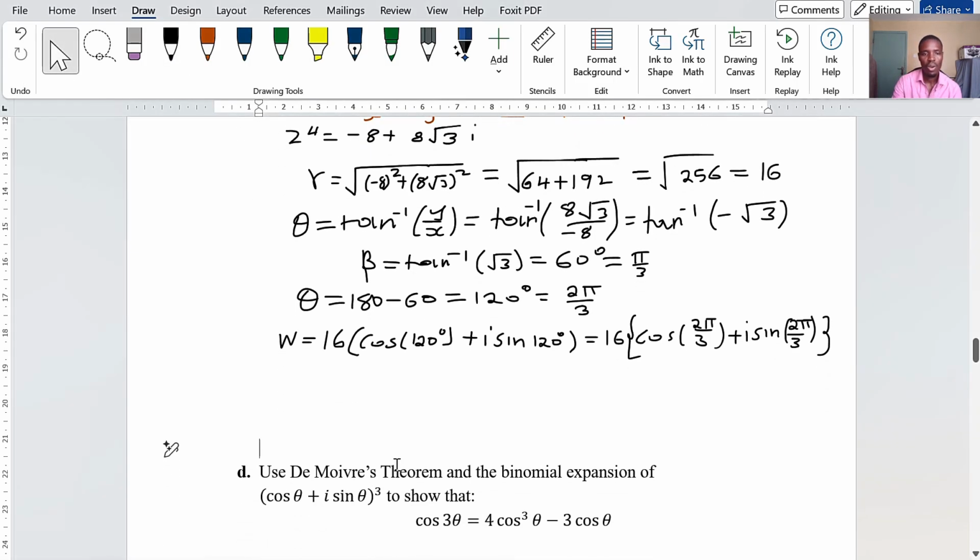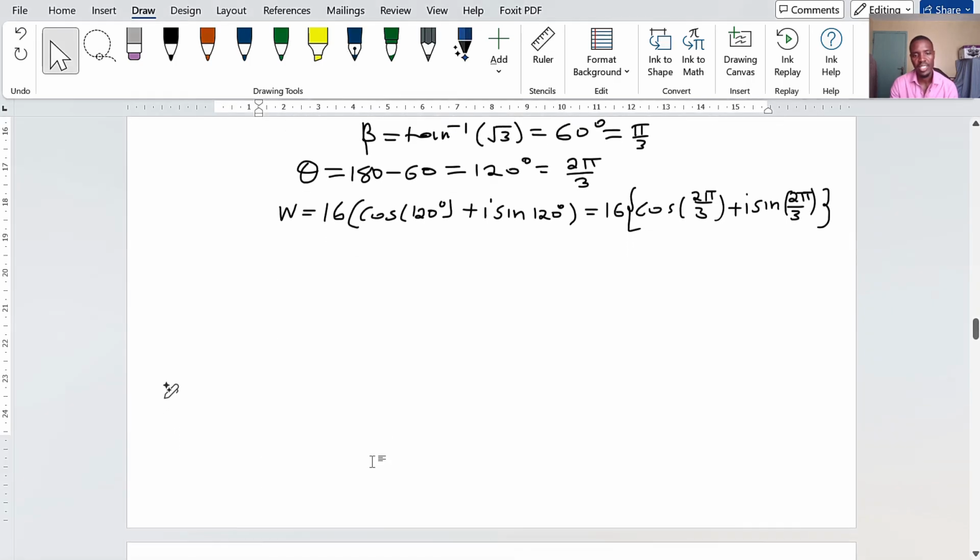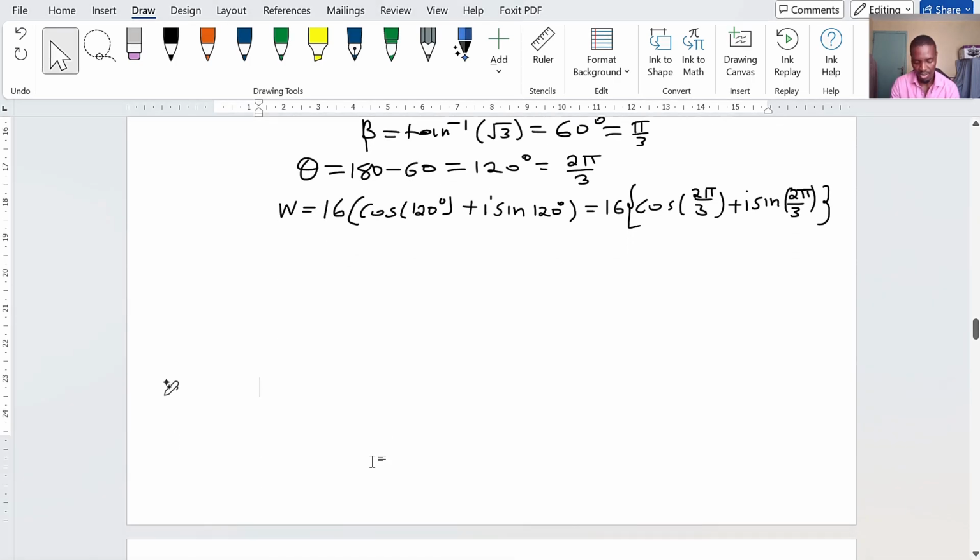Now, we'll apply De Moivre's theorem for roots of complex numbers in order to get the roots of this. It states that z_k, of course, we are now reversing De Moivre's theorem, is r to the power 1 over n. Remember, it was power n before. And then into bracket, we are reversing the normal De Moivre's theorem.